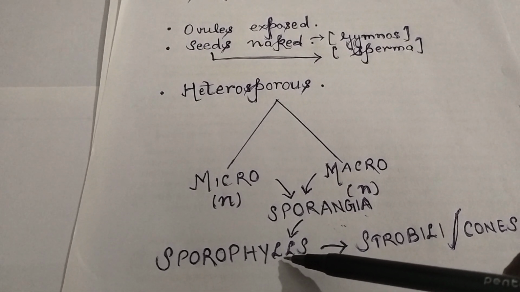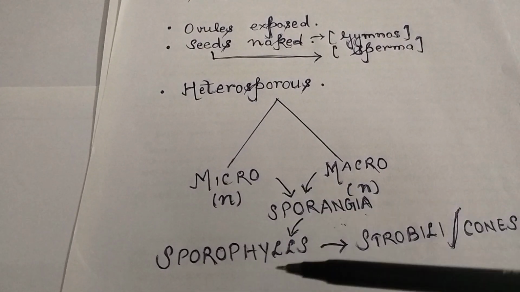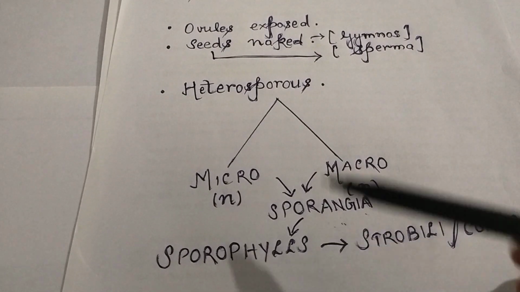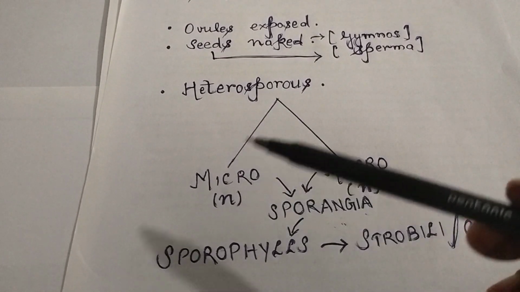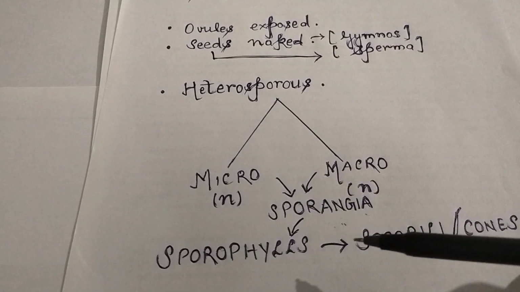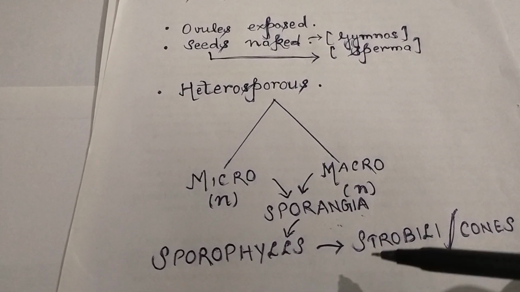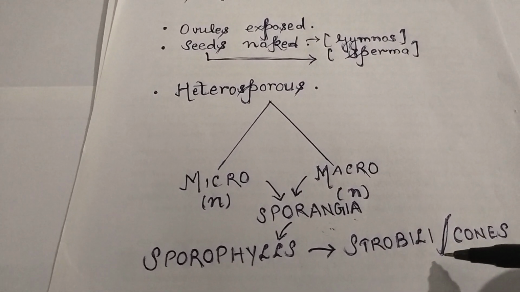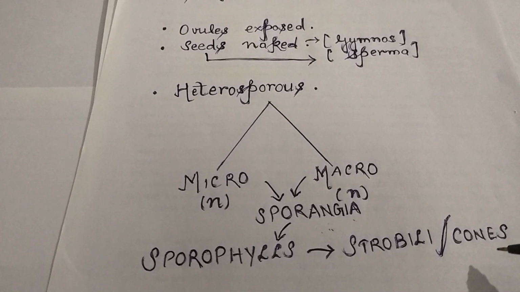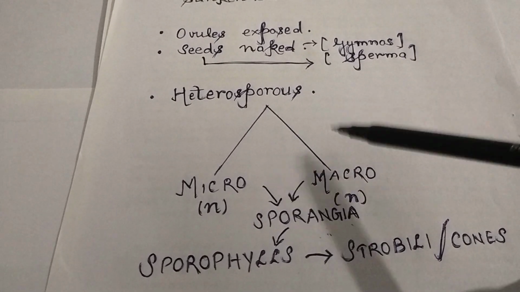Alright, and these sporophylls are arranged spirally on an axis. There is an axis on which these sporophylls are arranged spirally and they form a compact structure. Compact structure that is known as strobili or cone. Strobili or cone, or plural cones. Understand?